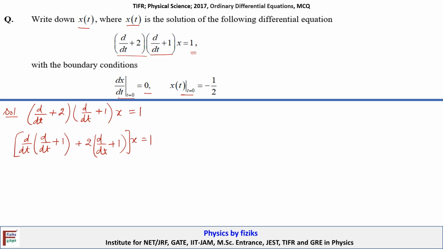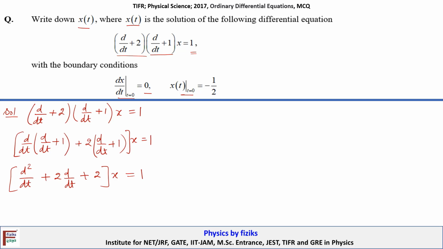Now on solving this, we can write d2/dt square plus, and the d/dt of the constant becomes 0. Now the second term is expanded as 2 times d/dt, and the 2 is multiplied with the 1, and of course x is equal to 1.